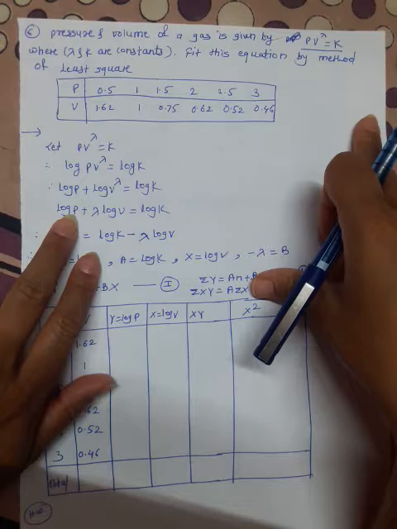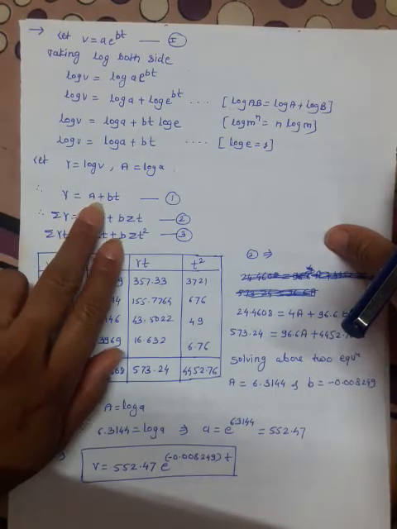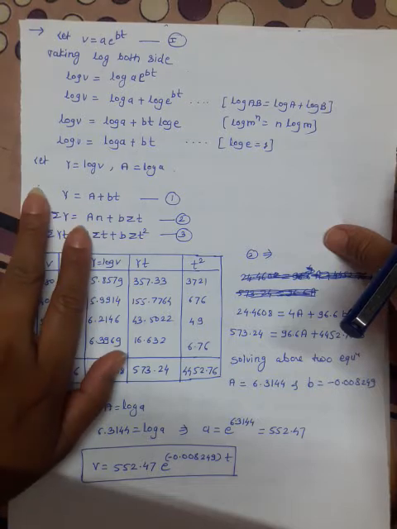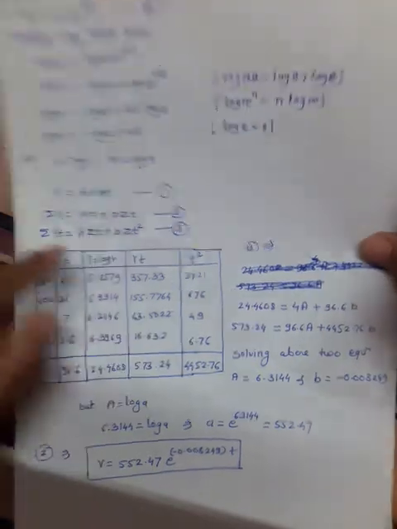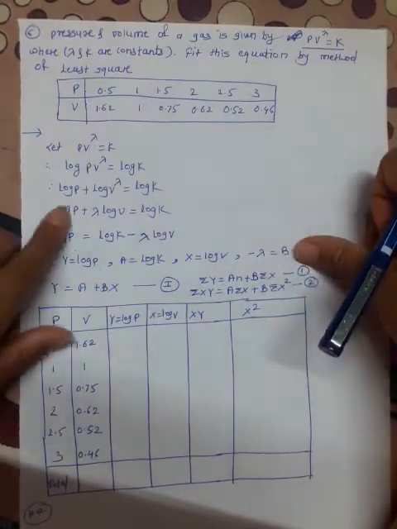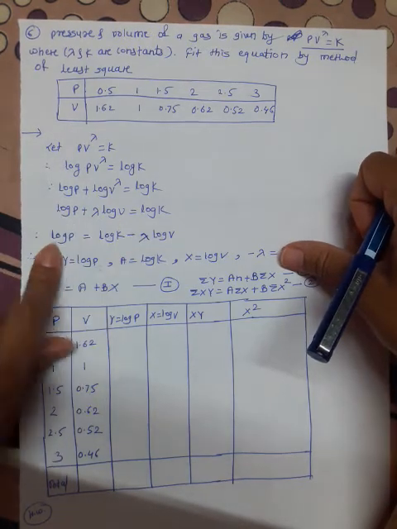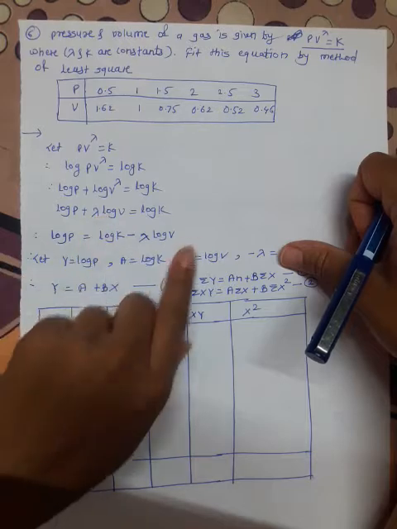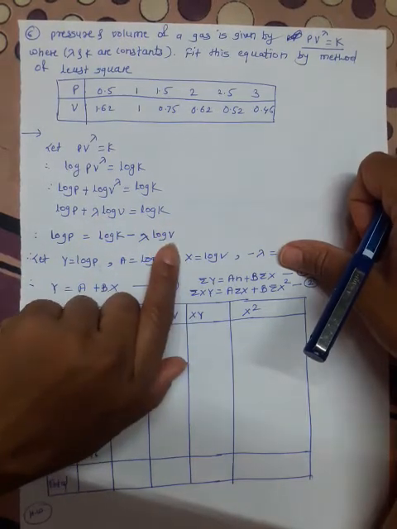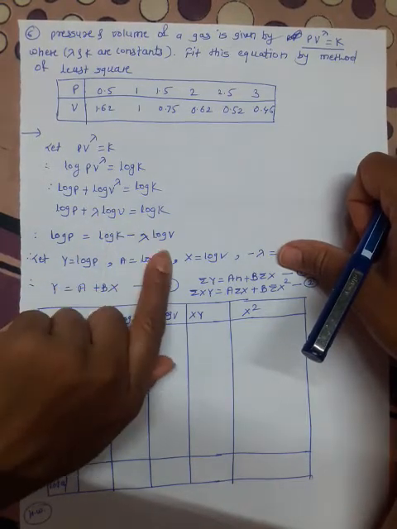Now what is our format? y is equal to a plus the other variable: one variable on the LHS side, the other variable on the other side. Therefore, p and v are the variables, so one variable, log p, we put on the LHS side. The other variable we take on the RHS side, because k is a constant and v is the variable.